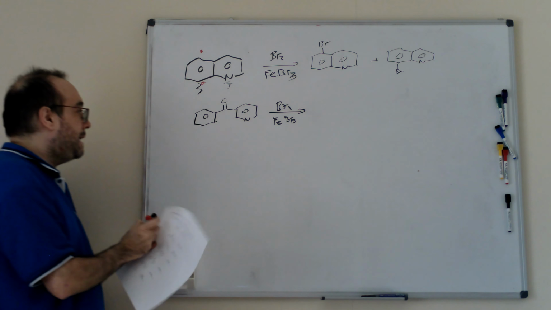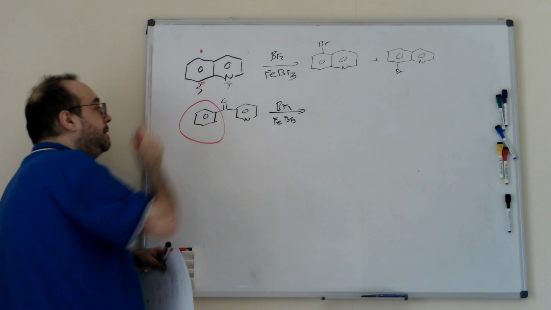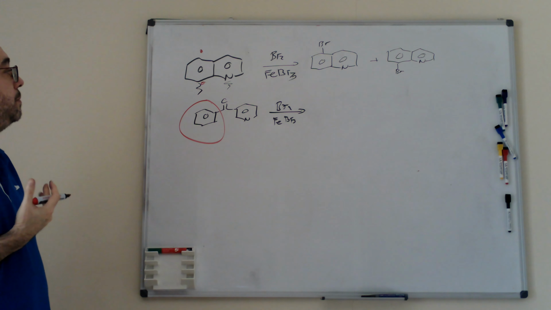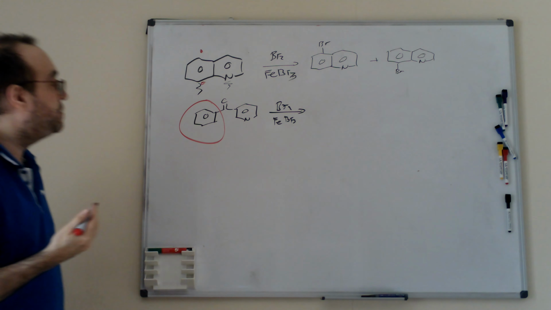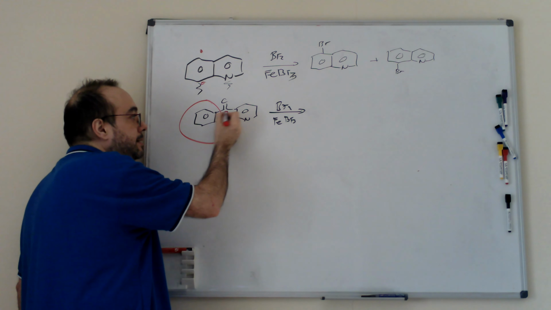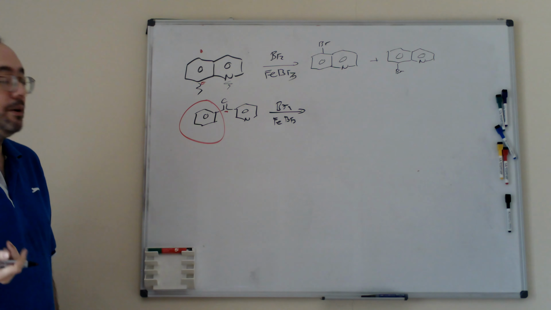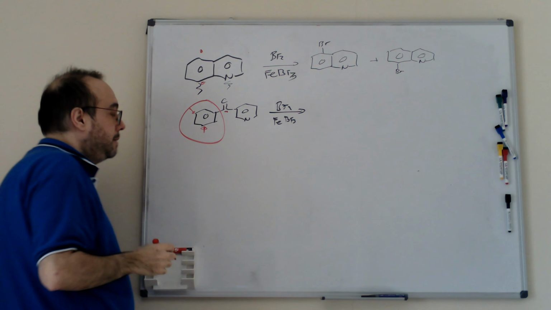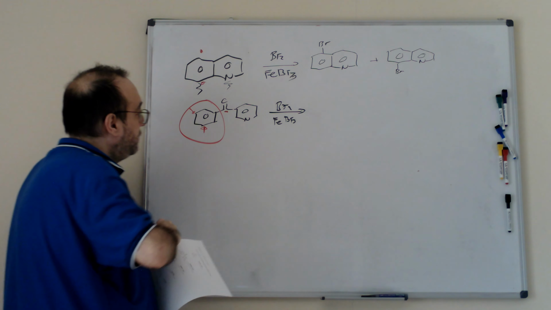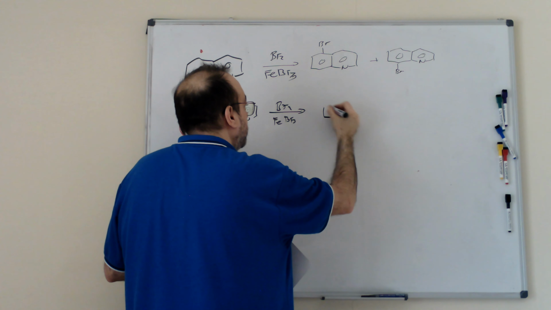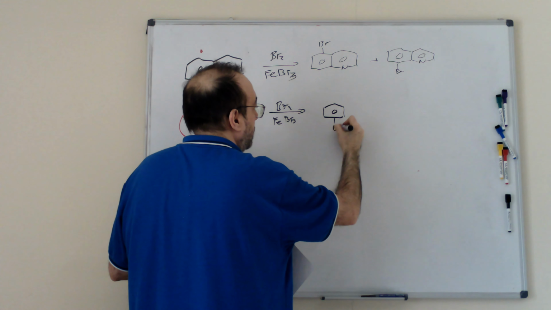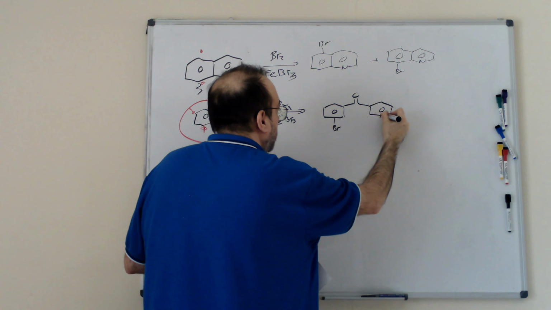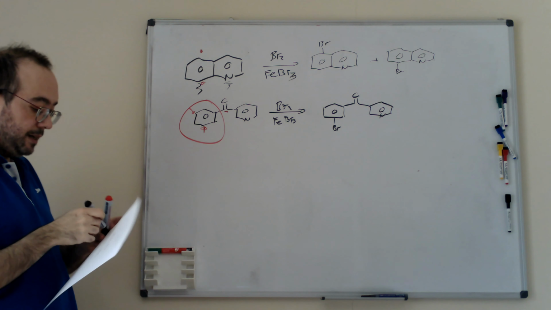Obviously the electron-rich ring will be this, and because this is an electrophilic aromatic substitution, what we need to do is to know in which position we'll attack. This is an electron withdrawing group, that means that we'll orientate meta. The final compound will be the addition in the meta position of the benzene ring.